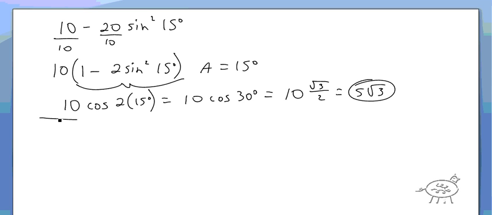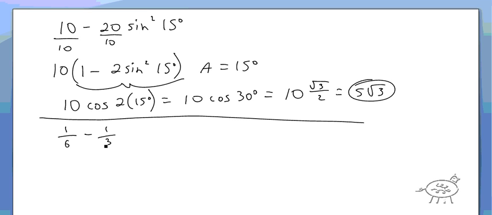A little more challenging one, but the same idea. If I had 1/6 minus 1/3 sine squared of 22.5 degrees. Brutal looking, but you can tell that 1/6 is actually half of 1/3. So really what I'm doing here is I want to make this first number a 1.